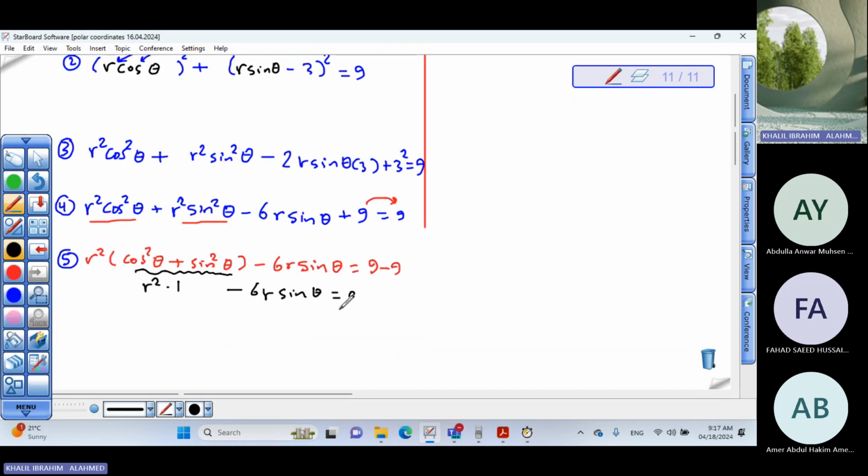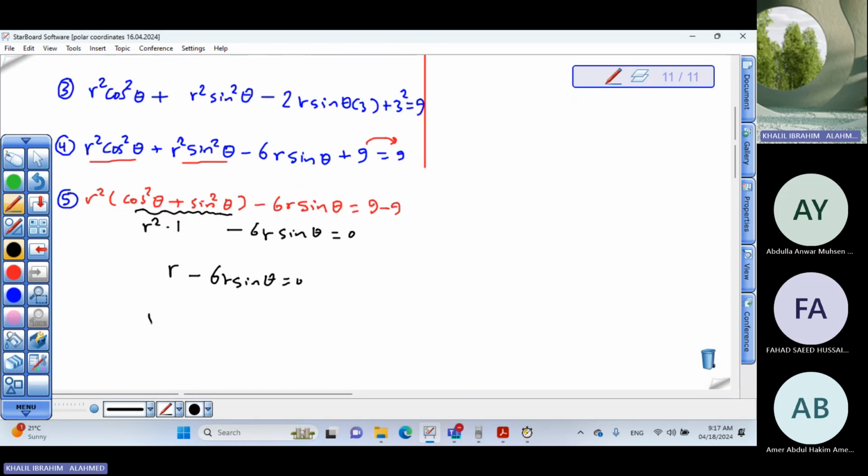Now we get r squared minus 6r sine theta equals 0. We can take r as a common factor here also: r times (r minus 6 sine theta) equals 0. Maybe here r equals 0 or r minus 6 sine theta equals 0.